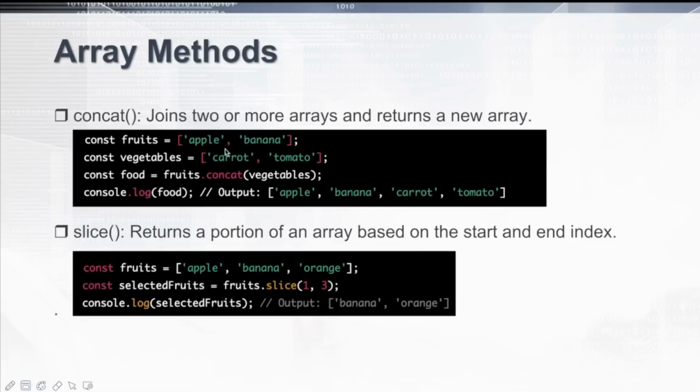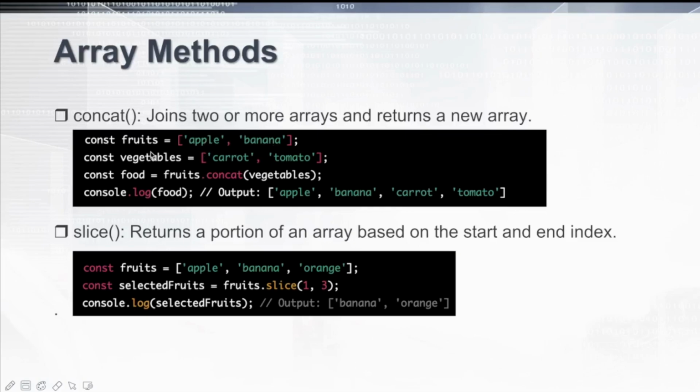The implication of this is that the elements of the first array come first in the new array that will be formed, and then the elements of the second array follow suit. If I do it the other way around, I decide to use vegetables.concat and I use fruits here, you see that we have carrot, tomato, apple, and banana.